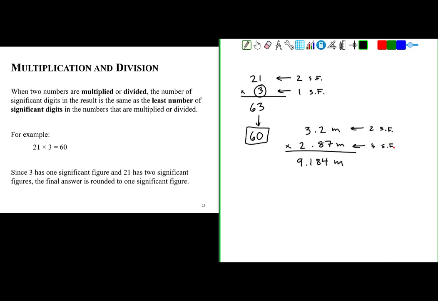Because when two numbers are multiplied or divided, the number of significant digits in the result is the same as the least number of significant digits in the numbers that are being multiplied or divided. Since the least number is 2 significant digits, we will express our final answer having 2 significant digits.